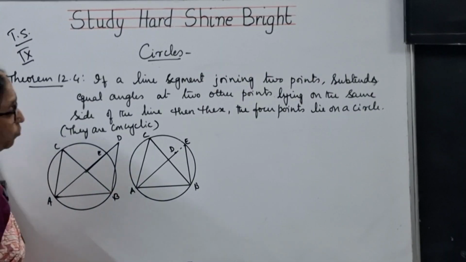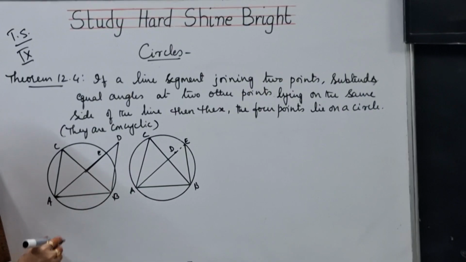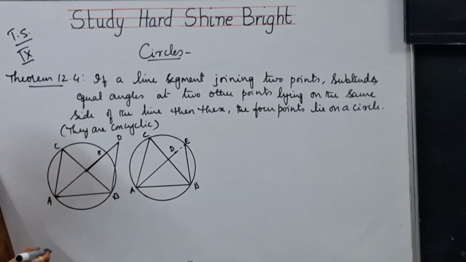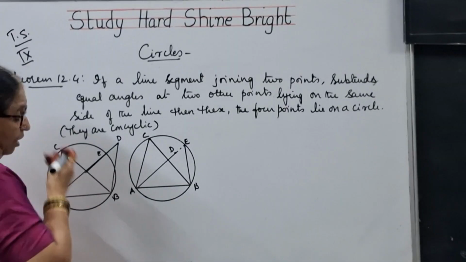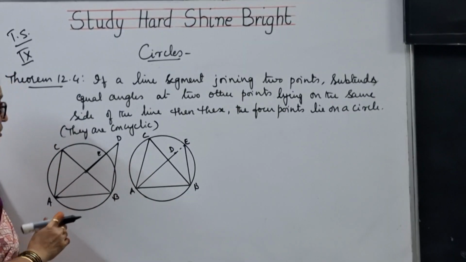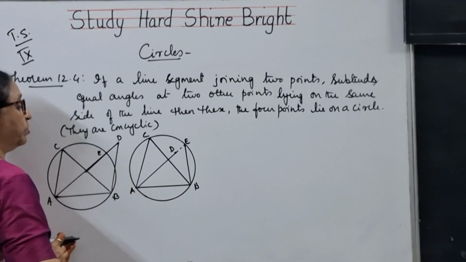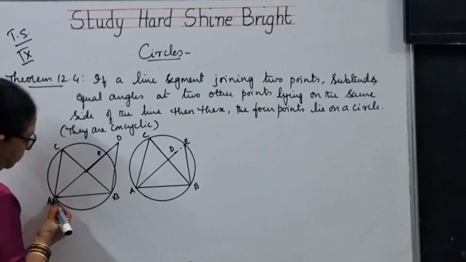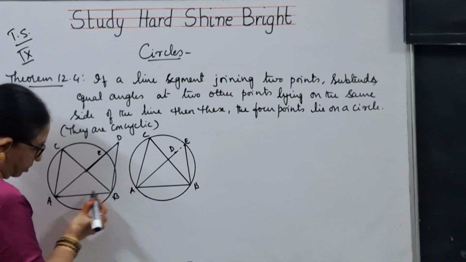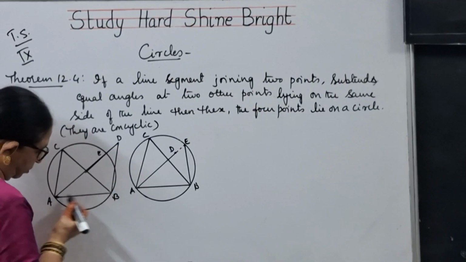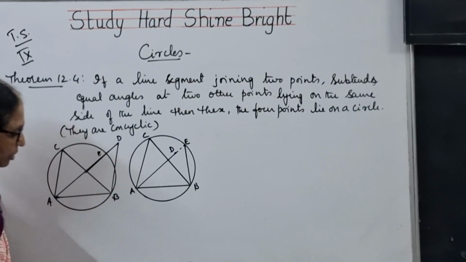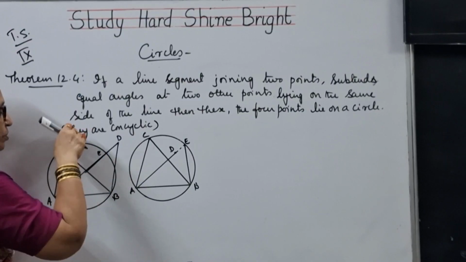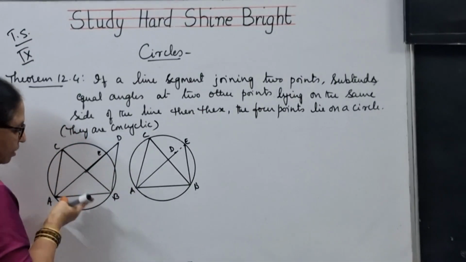Then these 4 points lie on a circle. 4 points, what are they? A, B, C, D. They lie on the same circle. That means if points are lying on the same circle, we call them as concyclic. What is that they have given? A line segment AB is there, which is formed by joining 2 points A and B. Two more points are taken on the same side, either this side or this side.